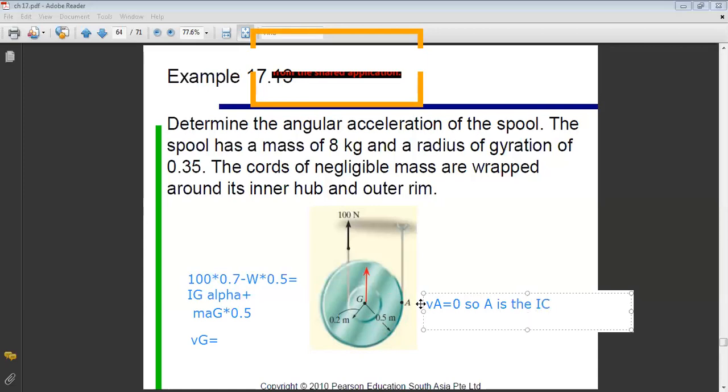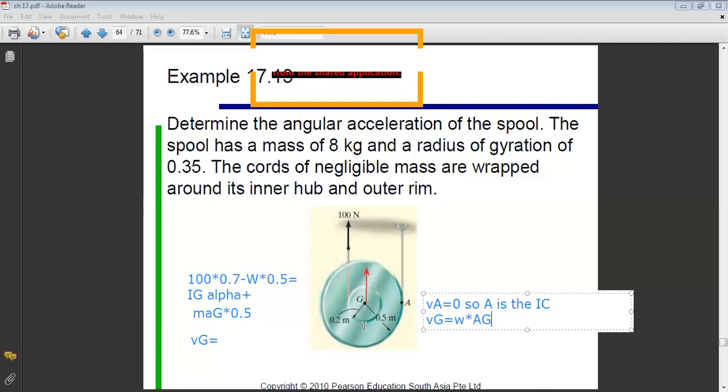When I find the IC, I can say that the velocity of any point, in particular the velocity of G, is equal to omega, the angular velocity, times the distance between A and G, so times AG.